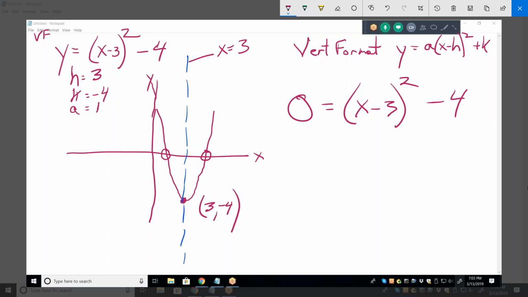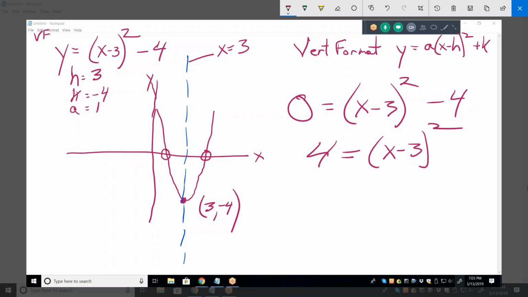No, that would actually make it harder, because then I would have to factor it back. Do you FOIL it out? No. Let's move the number to the other side. So we have this. Now I can take the square root of both sides.